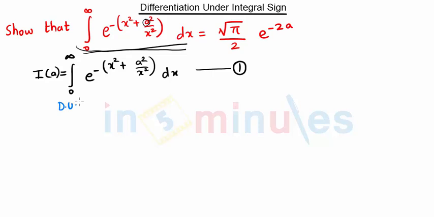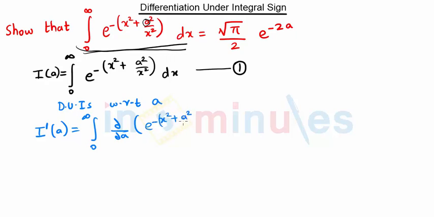So DUIS with respect to constant, that is a, that is this term will be I dash of a, derivative, integration 0 to infinity partial derivative with respect to a of this term, which will be e raised to minus x square plus a square upon x square into dx.